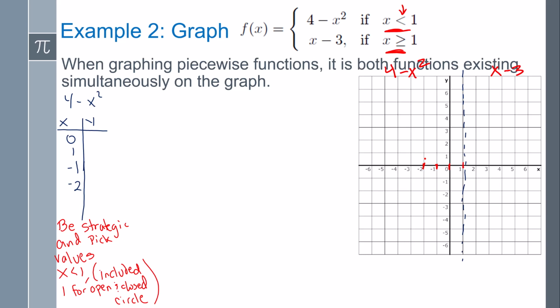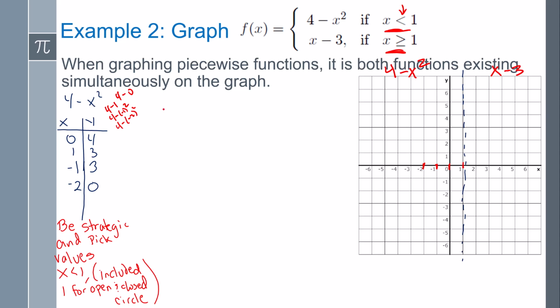So 0, -1, 1, and -2. Now you just plug them in. If I plug in 0, 4 minus 0 gives me 4. If you plug in 1, 4 minus 1 gives you 3. If you plug in -1, 4 minus (-1) squared gives you 3. If you plug in -2, 4 minus (-2) squared, that's 4 minus 4, so you get 0.